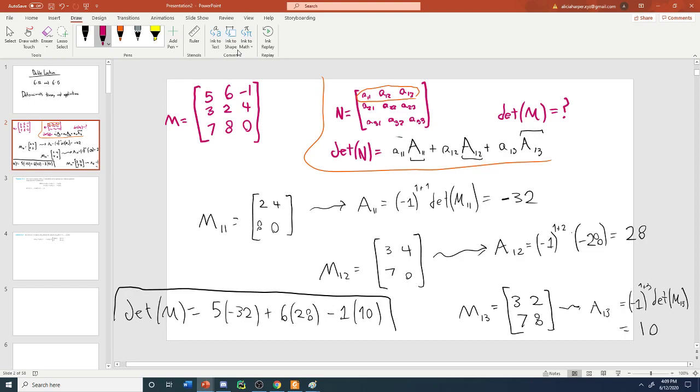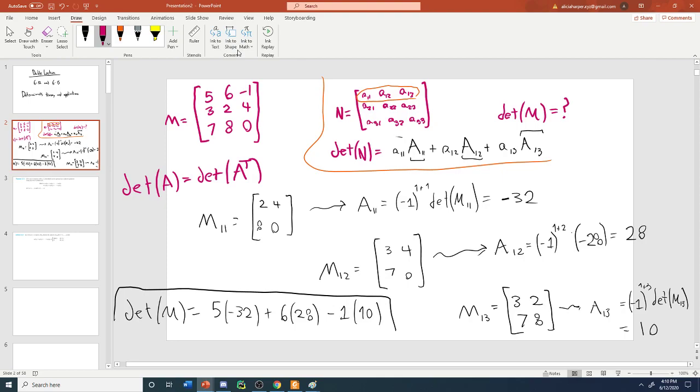But it turns out that you can compute the determinant by doing a cofactor expansion along any row. In fact, you can also do it by a cofactor expansion along any column. And that follows from the fact that we proved last time, which I'll just state again, that the determinant of A is equal to the determinant of A transpose.